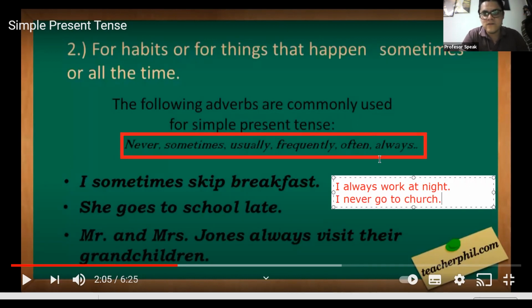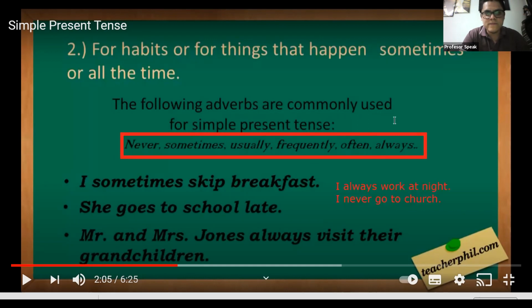So you see, always means 100%, and never means 0%. Okay, Catherine, give me your example using always.